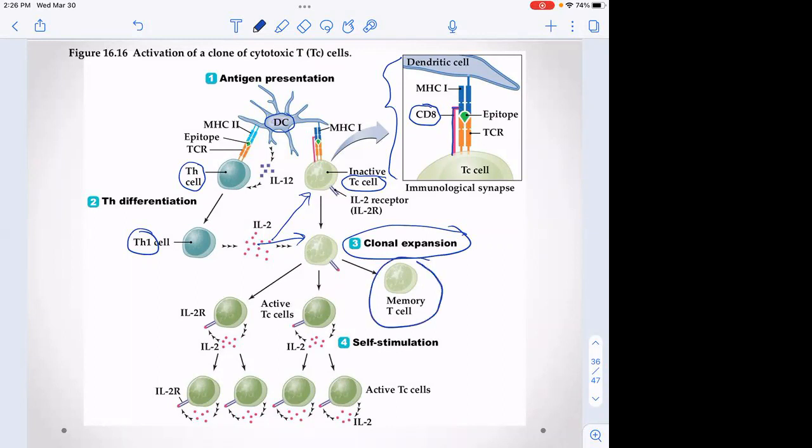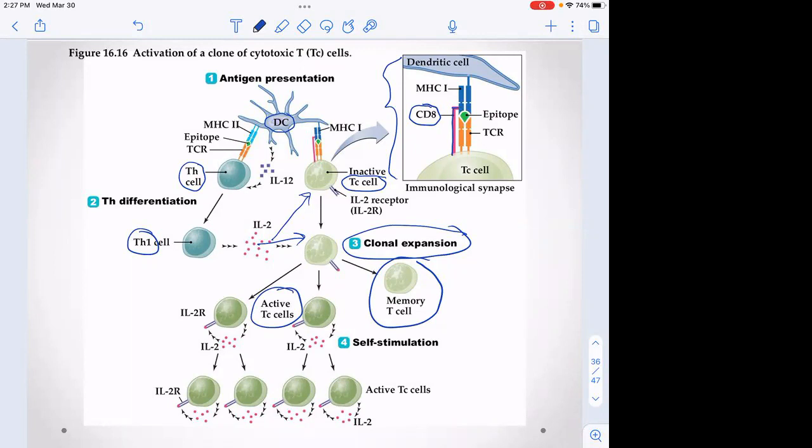So that's important because maybe years later, when that memory T cell recognizes the same antigen, it's going to activate right away. And it's not going to need those signals from the T helper cell. Okay, that takes time for all those signals to be generated. And it's going to activate those cytotoxic T cells that were just made with that receptor.